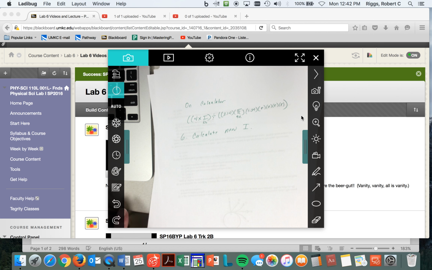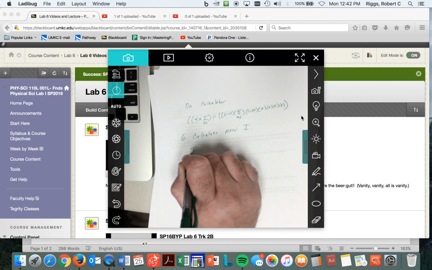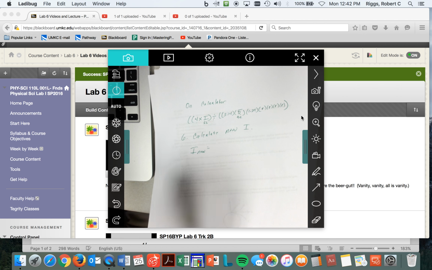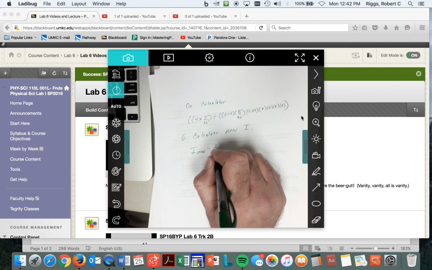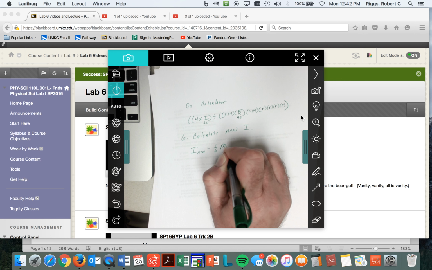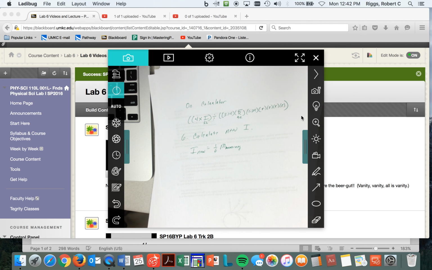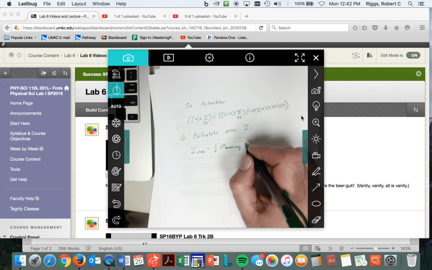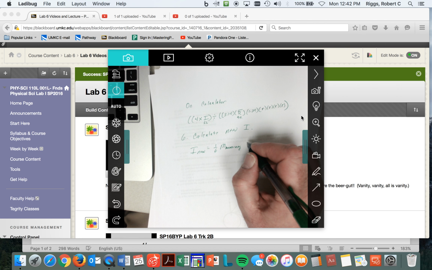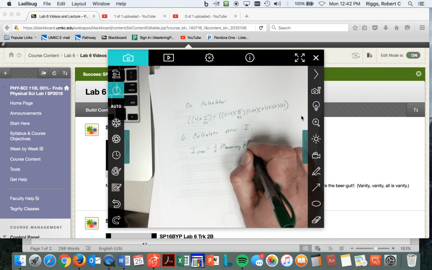All right, so you calculate the new I. Your I new is going to equal 1/6 the mass of the boomerang, without your pennies or washers, times the r squared of the paint stick.